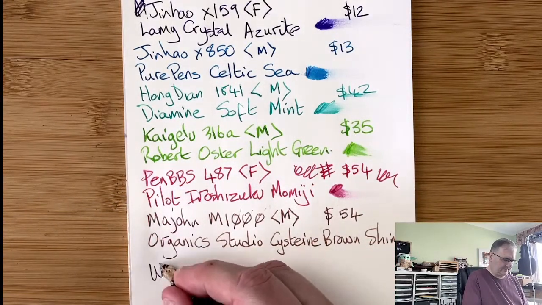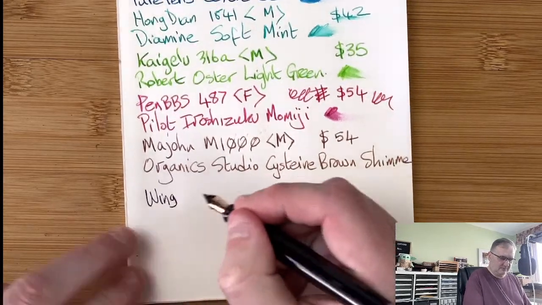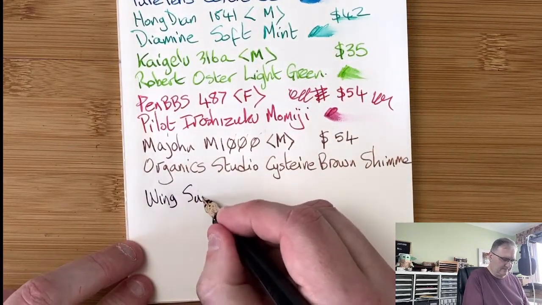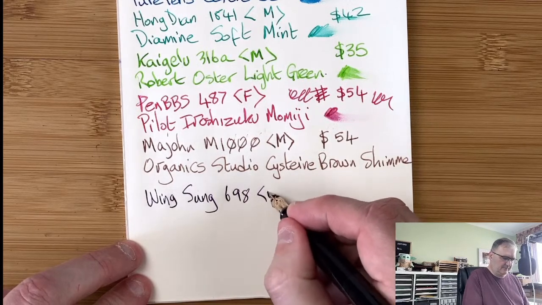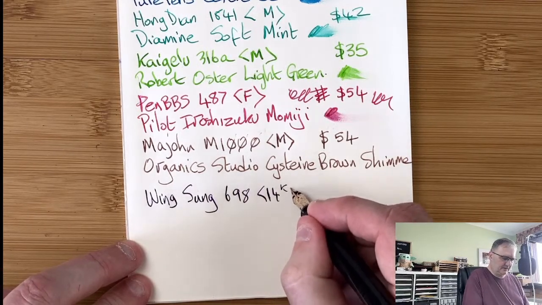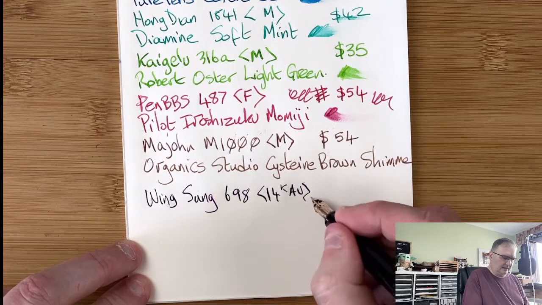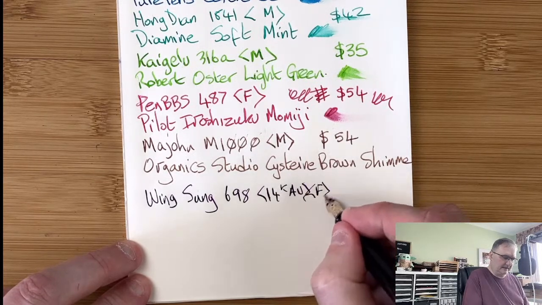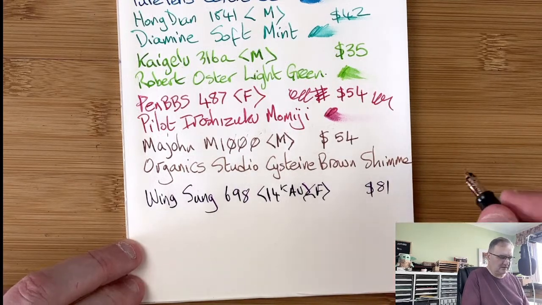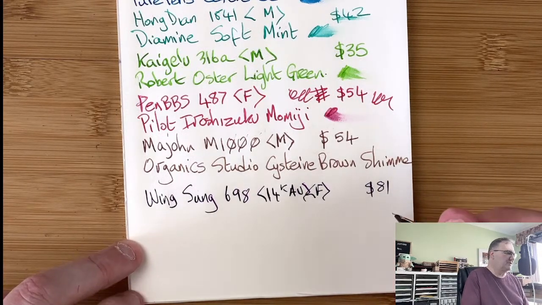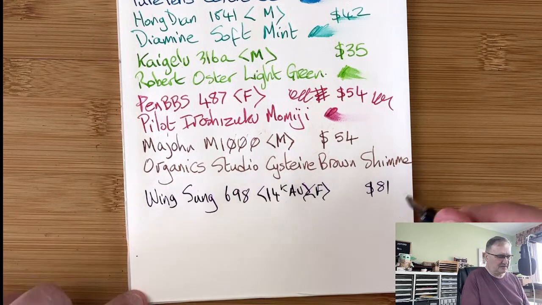So we've got here a Wingsung 698 with 14 karat, and it's a fine. Price wise, because it's the gold version, it's about 81 Aussie dollars. The steel versions are about 30-ish dollars.